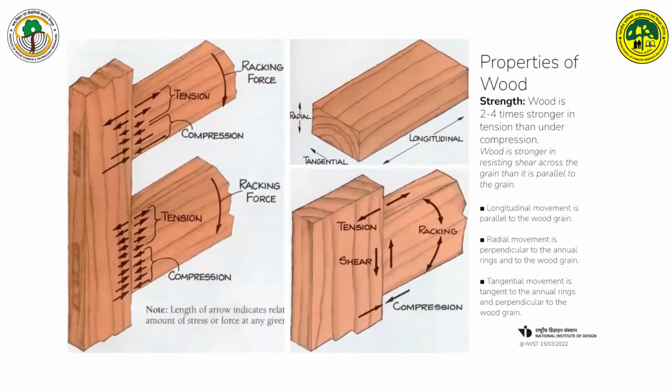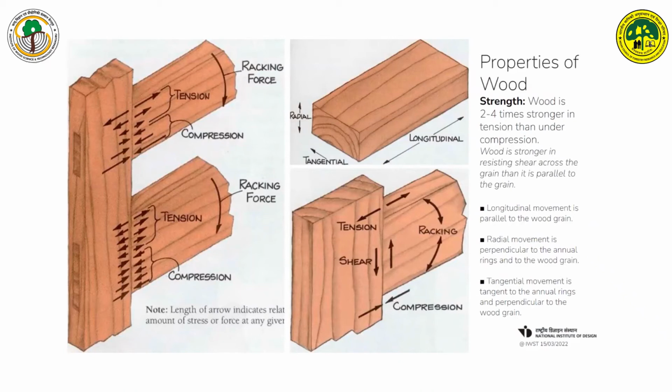Thank you. And so, coming on to the properties of wood that help us decide which piece to use for what part of the structure. Wood acts stronger in tension rather than compression.